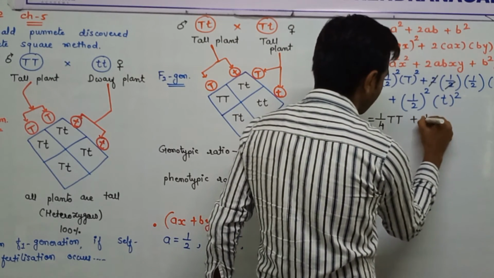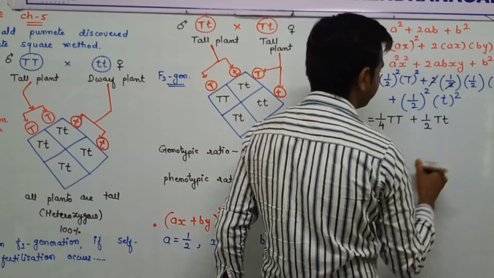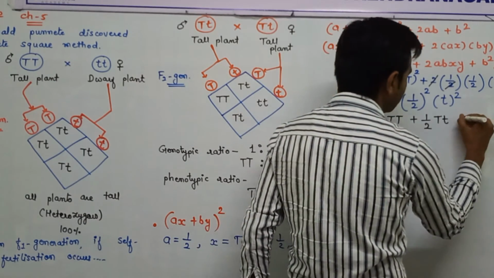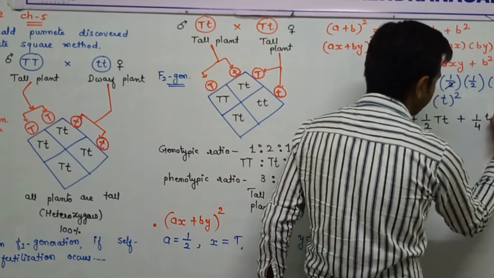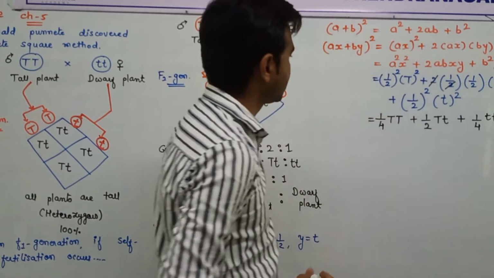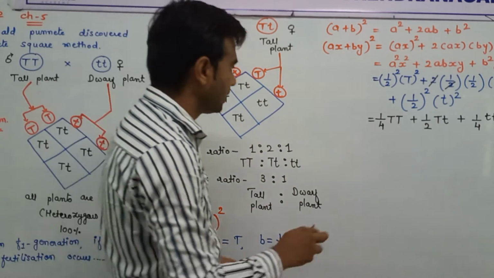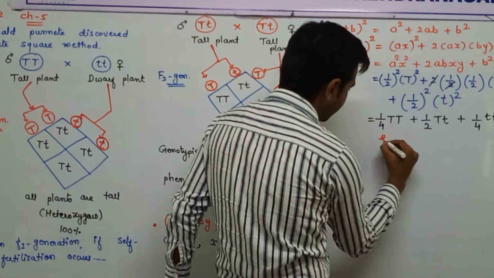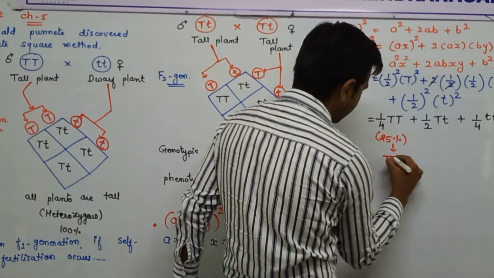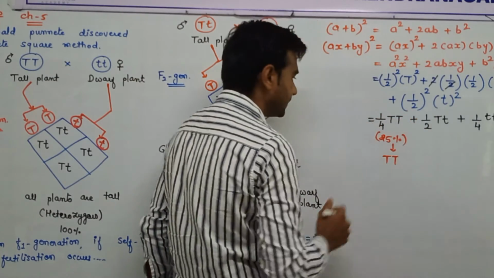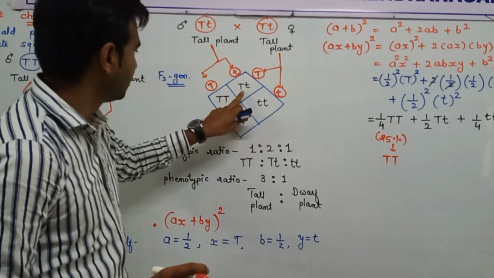So plus 1 by 2 capital T small t, and here in the same way (1 by 2) square means 1 by 4 small t. Yes, you know that 1 by 4 is nothing but 25% chance of capital T. You know this very well. Fine.